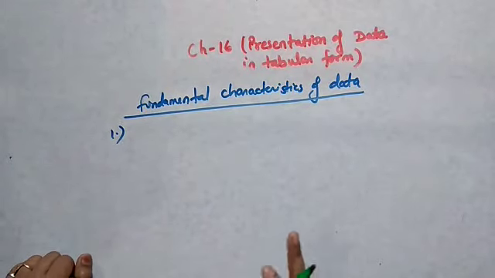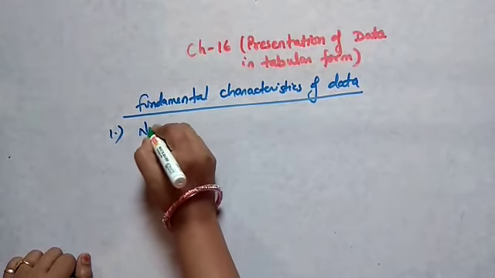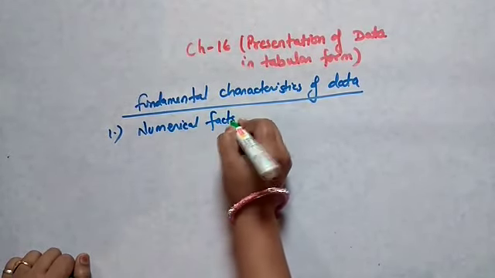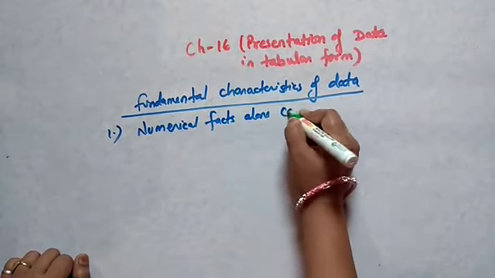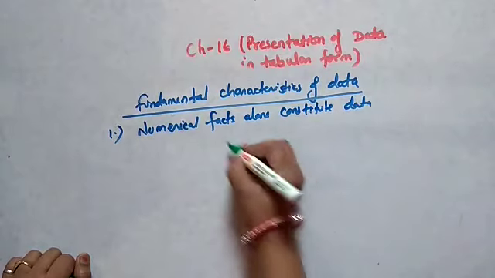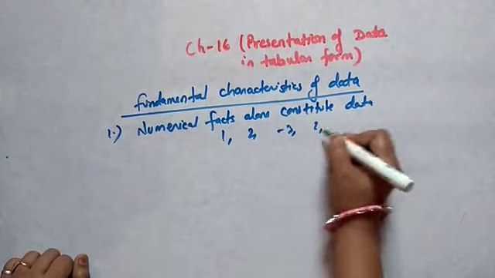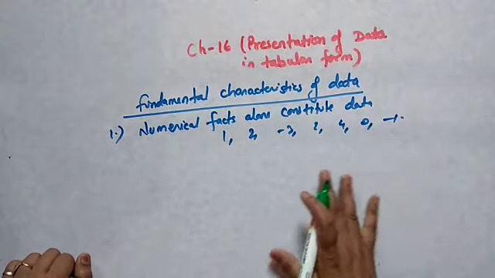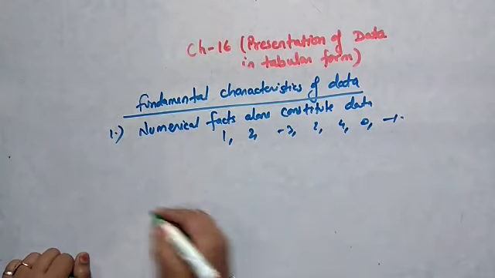Data are always the numerical facts. Numerical facts alone constitute data. Okay, we will always take the numbers -3, 2, 4, 0, -1 and like that. Okay, we never take x, y, z like this.